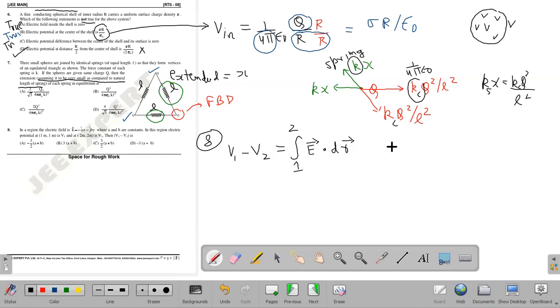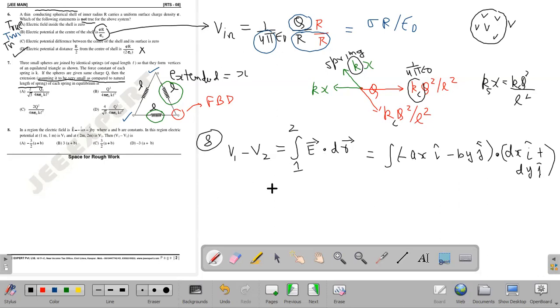So if I apply this equation, the E vector is minus AX i cap minus BY j cap, dotted with this dr vector, which in a two-dimensional differential form can be written as dx i cap plus dy j cap.